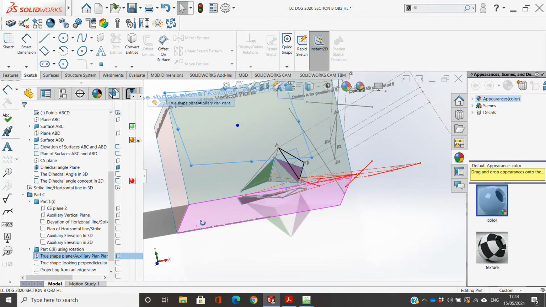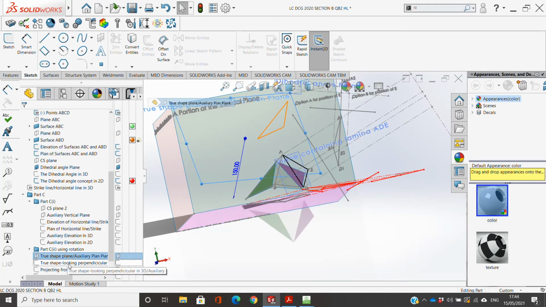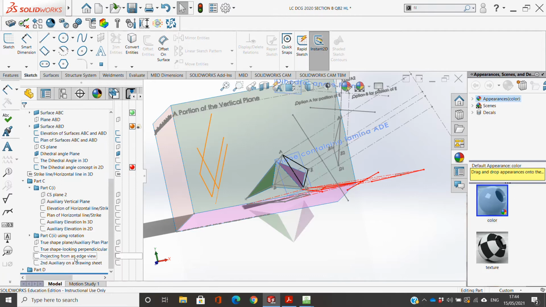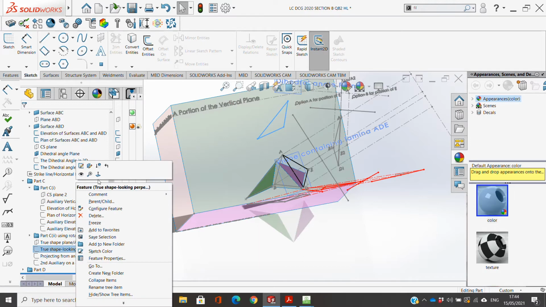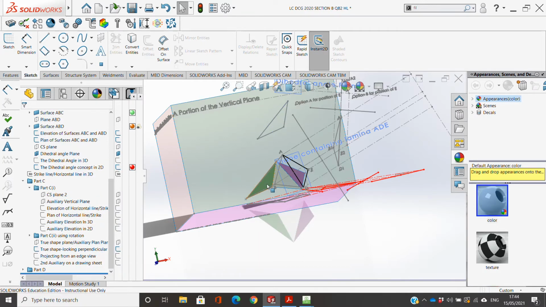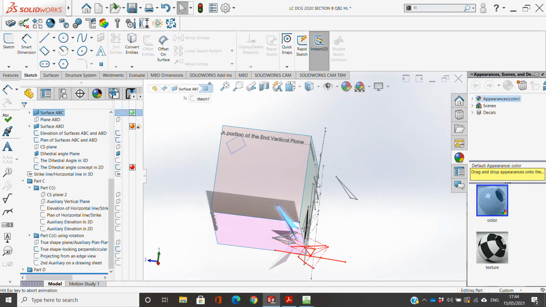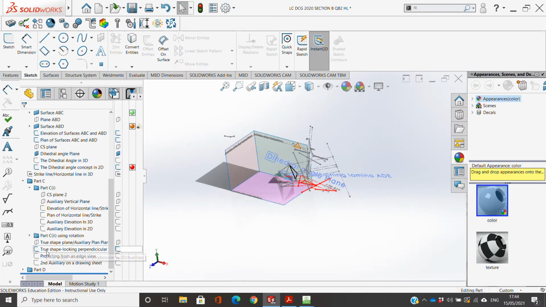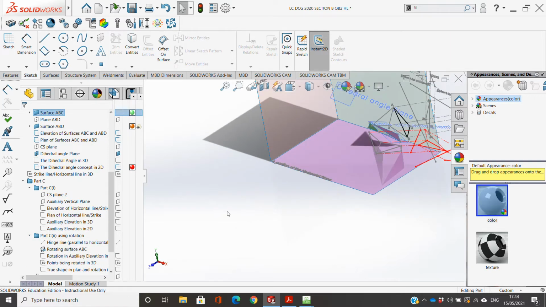And then to see the true shape, you can look perpendicular to it, is one way. So if you look perpendicular to the surface, you'll see the true shape. Or you could rotate the surface down. You could rotate the surface down. Right.